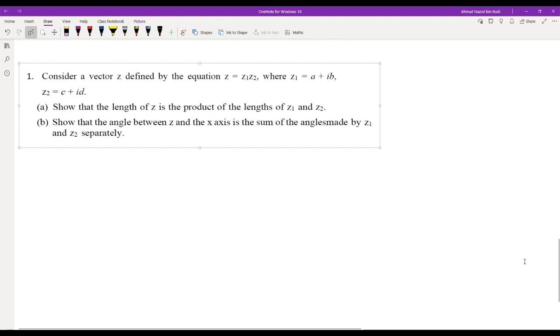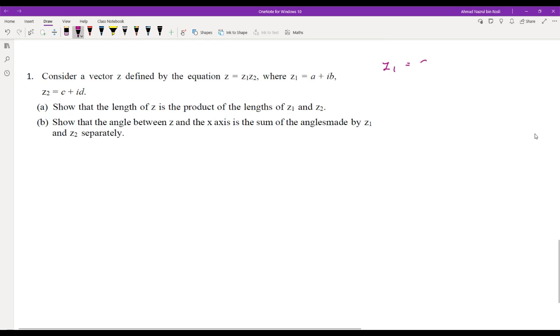Right now, we have z equal to z1 times z2.